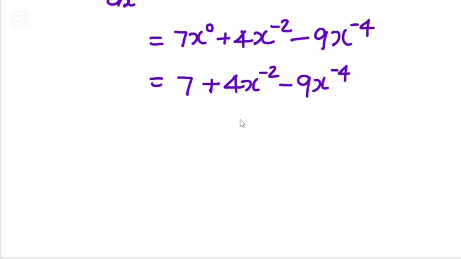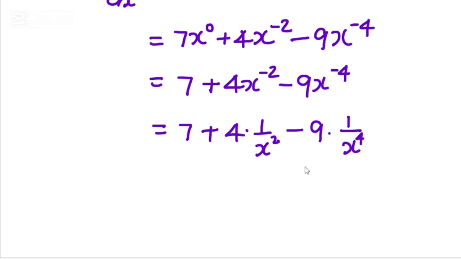Now taking this back to a fraction, the x is back to the fraction, we're going to have 7 plus 4, 1 over x squared. We've just changed the negative power to positive by the laws of indices, remember in our first video, then minus 9 over x to the 4th power.